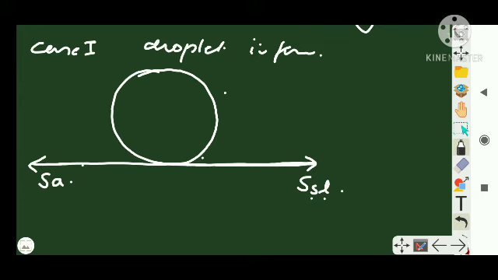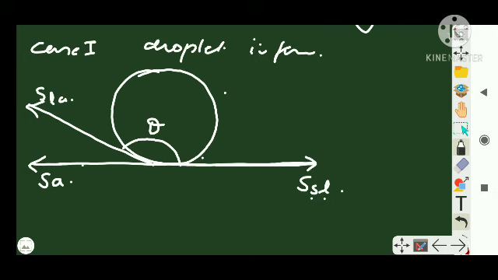So how would I say? I have to draw a tangent. I drew a tangent between the solid and the liquid. Inside the liquid I have to make an angle, so this becomes theta. This is the angle of contact. This is our SLA, liquid and air.